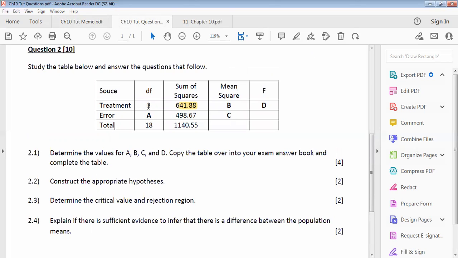Therefore, if the total of the first treatment is 3, then the other one is just the difference between 18 minus 3, which is 15. Can anyone find C? Anyone wanna try C?